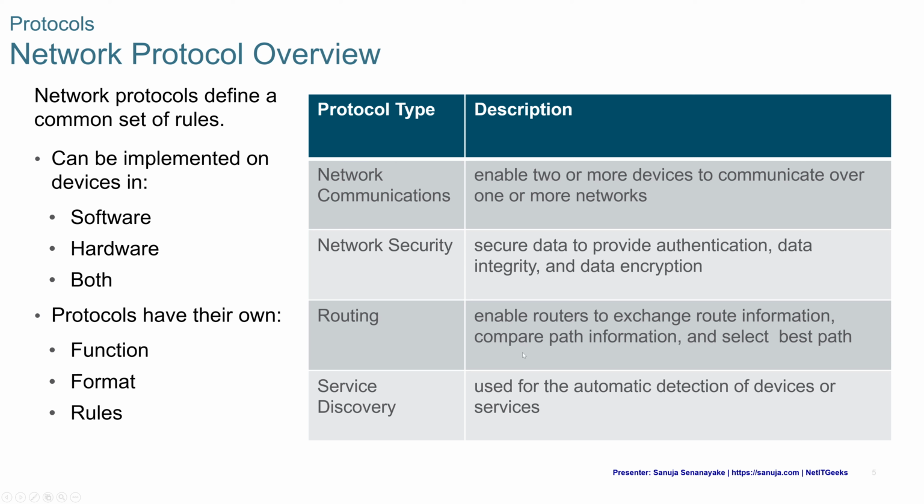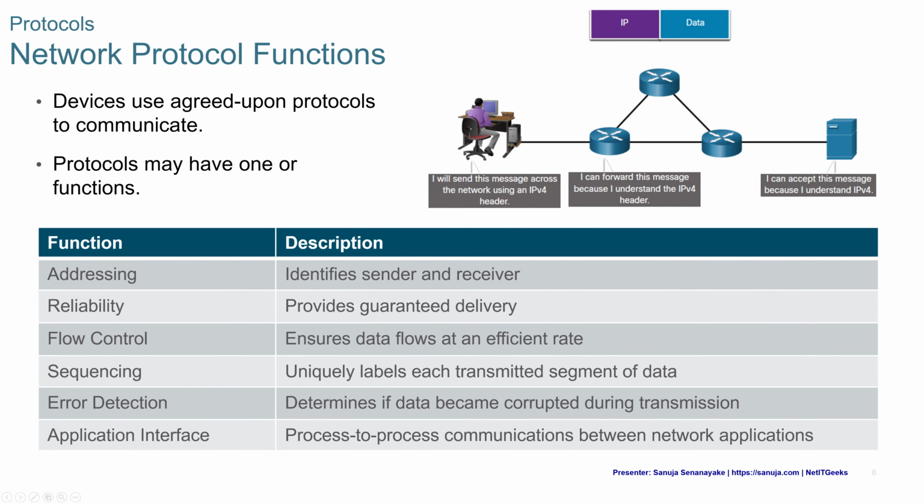Routing protocols enable routers to exchange route information, compare path information, and select the best path. Device discovery protocols are used for automatic detection of devices or services. So these are some common types of network protocols in use.